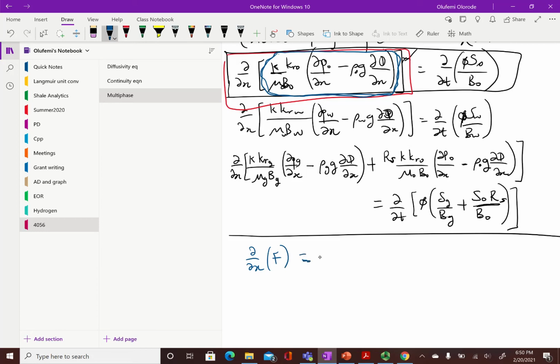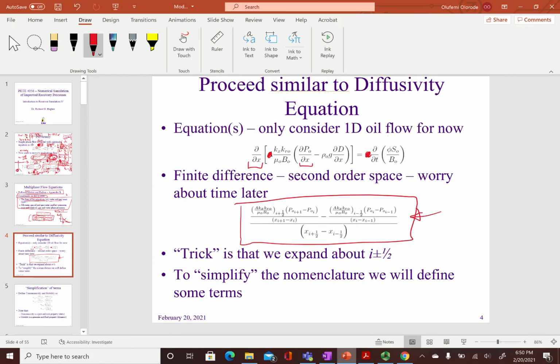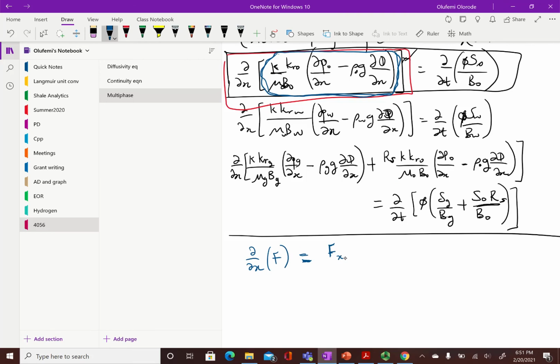And that will be what? Using central difference, it will be f at x, let me check the nomenclature here so I stick to it: x i plus 1, x i minus half. So f at x i plus 1 minus f at x i minus 1, over 2 delta x.